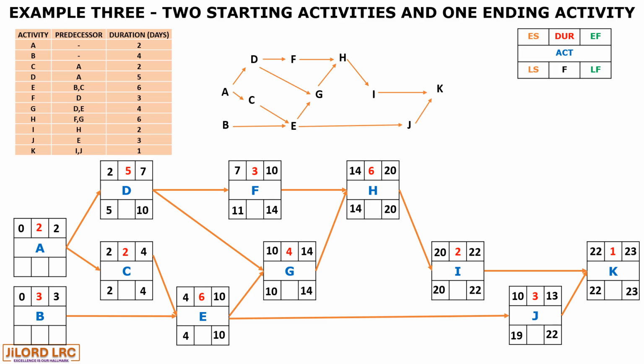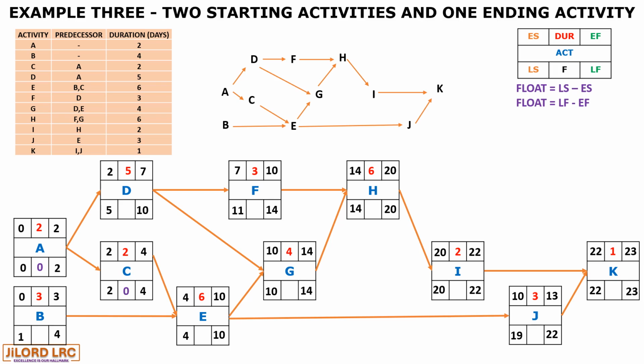So 10 minus 6 for E is 4, and 4 minus 2 is 2. Then at D, 10 minus 5 is 5, and 2 would have to go to A, and 4 would have to go to B. Yeah, so this completes the backward pass.